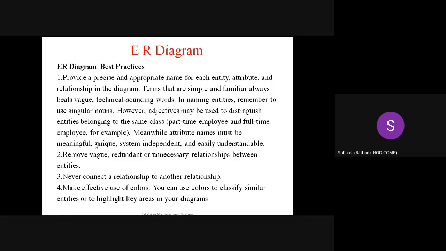Second, remove vague terms. If there are vague terms, there is no meaning, and there may be incorrect things, because the picture is not clear from the terms you define. So they should be removed. Redundant and unnecessary relationships between entities should be removed. If we consider the database, only accurate relationships that exist should be considered.